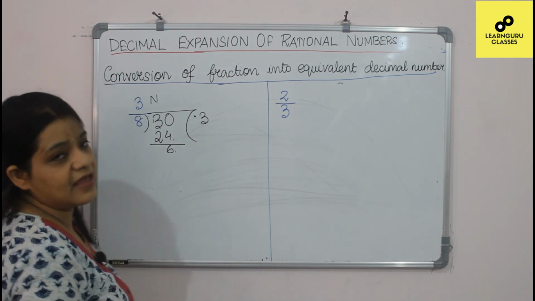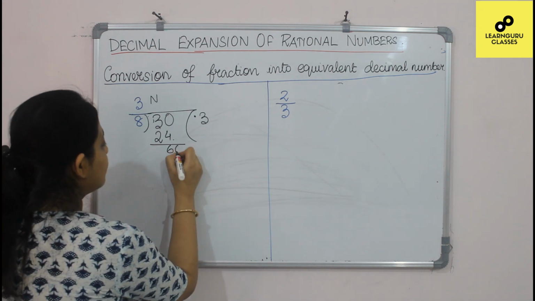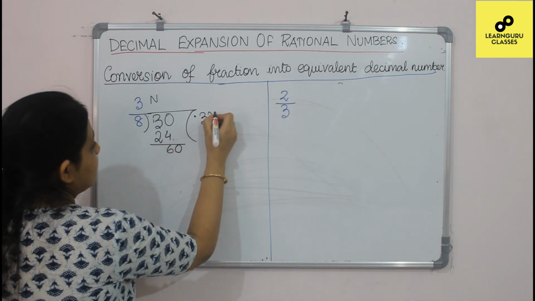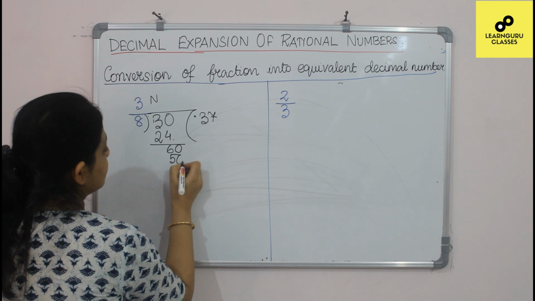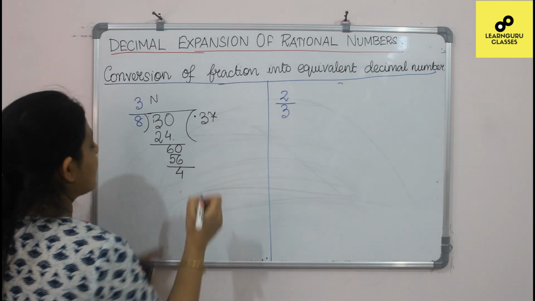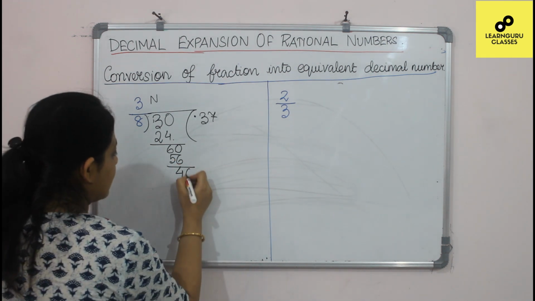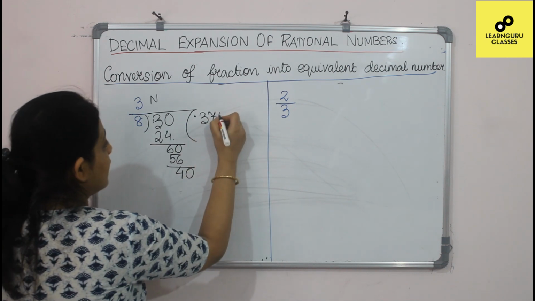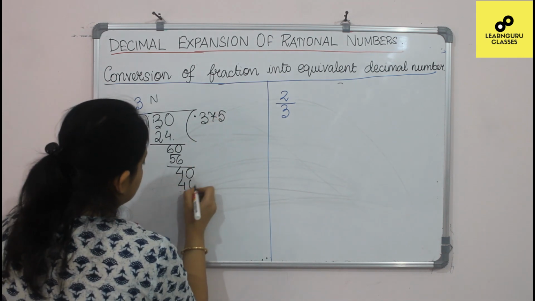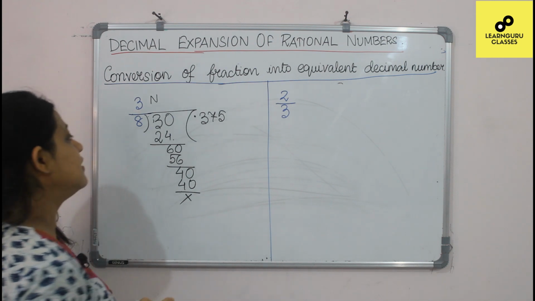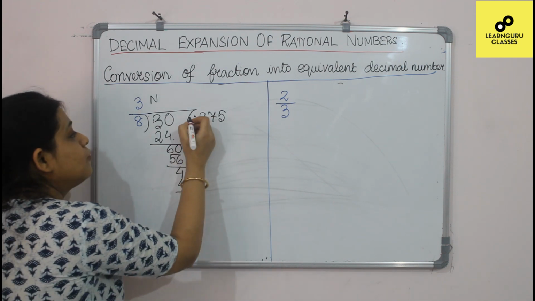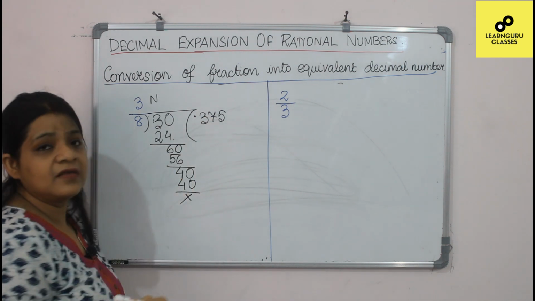Again 6 is less than 8, so again you put a 0. 8 7s are 56, so the remainder is 4. Again 4 is less than 8, so again you put a 0. 8 5s are 40. So ultimately the remainder is 0. So here you see 0.375.